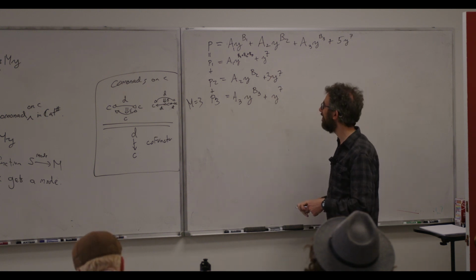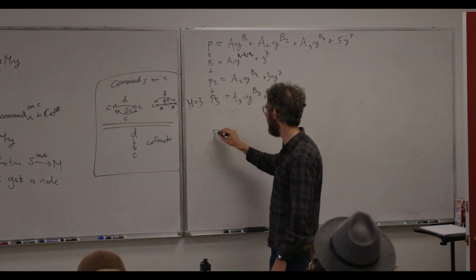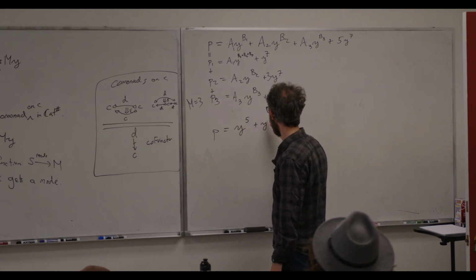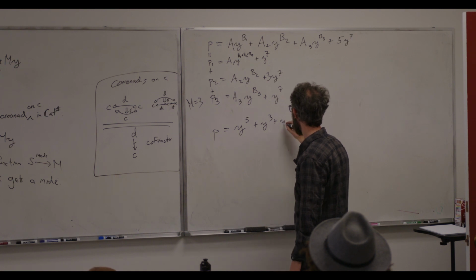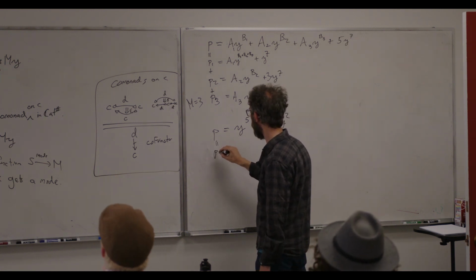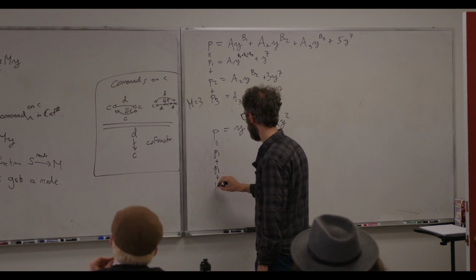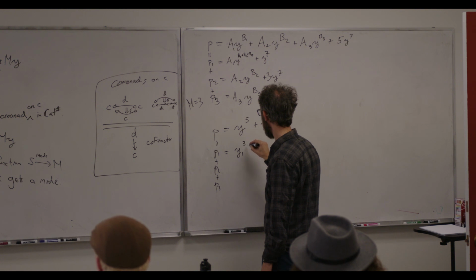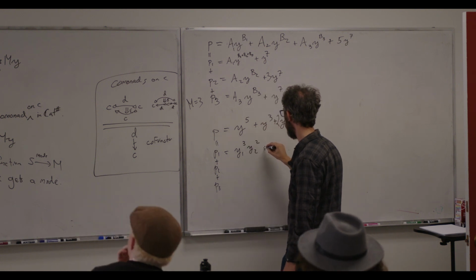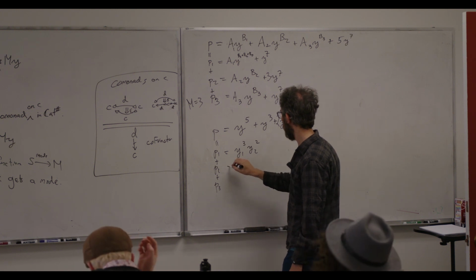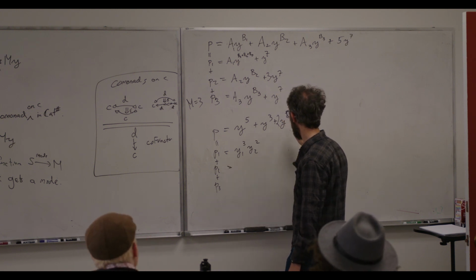This is terrible. Let me try it again. So P is y to the 5th plus y cubed plus y squared. And then this would be P1 plus P2 plus P3. And this could be y1 cubed, y2 squared plus, so now he's going to turn some of the y's into y's of different variables.